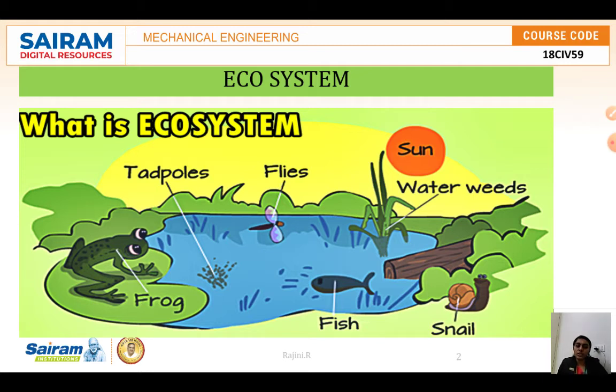And also, a simple definition for the ecosystem: the community or group of living organisms, as shown in the figure, that live and interact with each other in a specific environment.